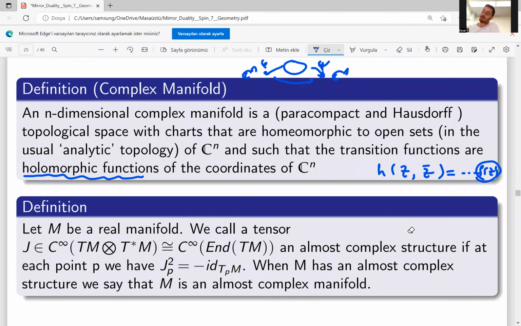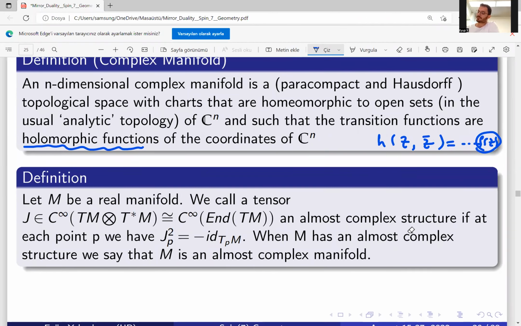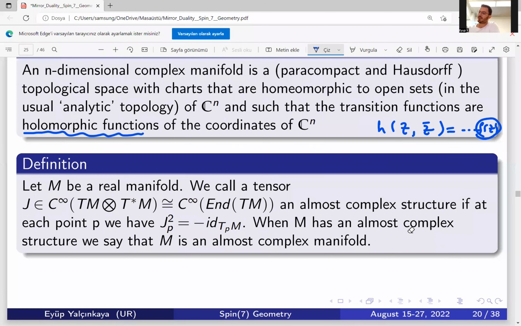So this is a complex manifold, and on such a manifold we can define an almost complex structure. The almost complex structure is the starting point; we will construct it on any manifold. The almost complex structure is like this: you have a function J, a structure, taking the tangent bundle into the tangent bundle, a map from the tangent bundle to itself.